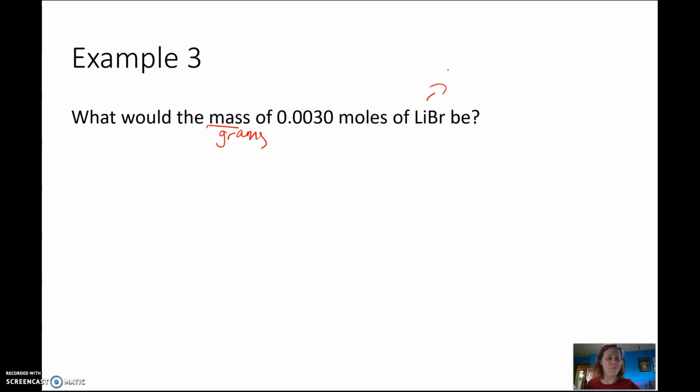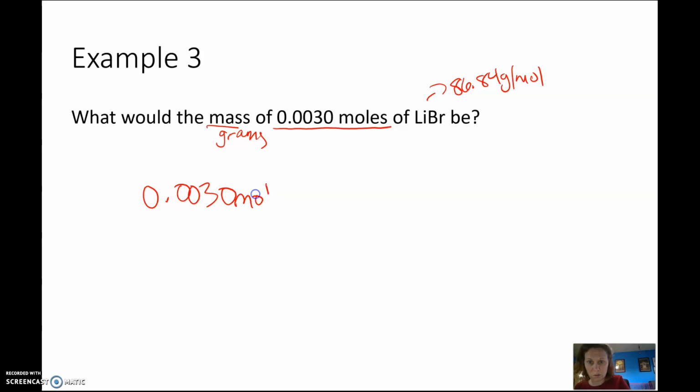Lithium is 6.94 and Br is 79.90, so 6.94 plus 79.90 is 86.84 grams per mole.